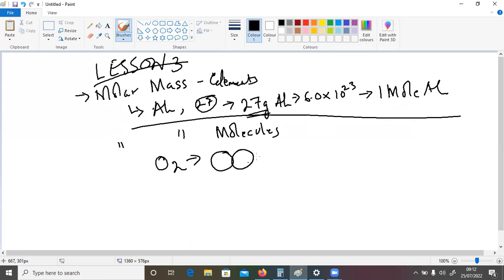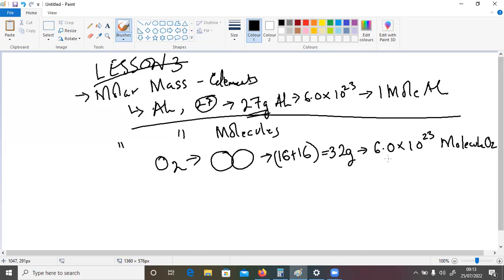If we talk about its molecular mass, one oxygen is 16 in terms of RAM, so 2 oxygens will be 16 plus 16, so its molecular mass becomes 32 grams. If we counted the number of molecules of oxygen in 32 grams, we found 6.0 times 10 to the power 23 molecules of O2. And from there we could do the calculations related to that.